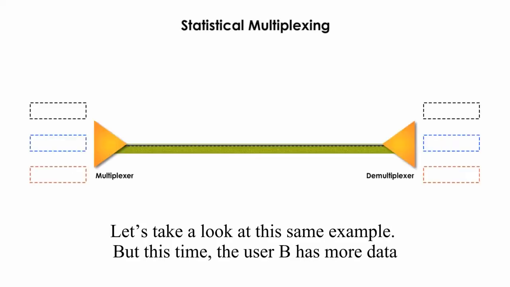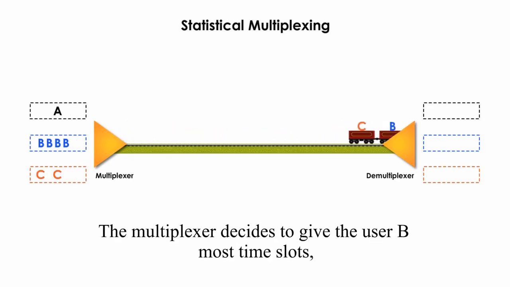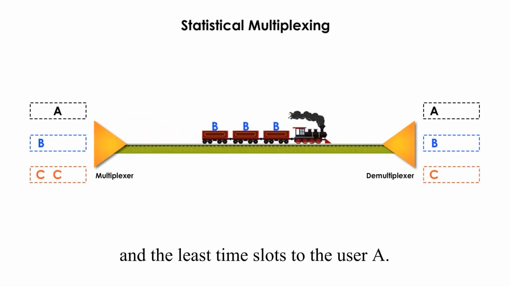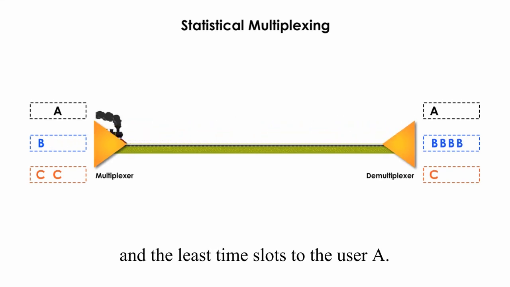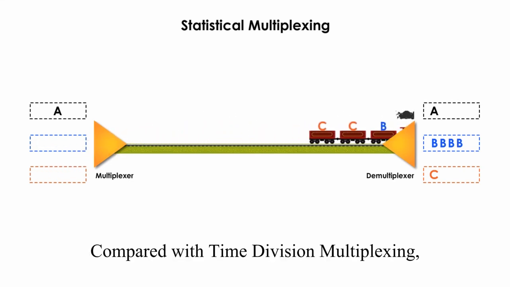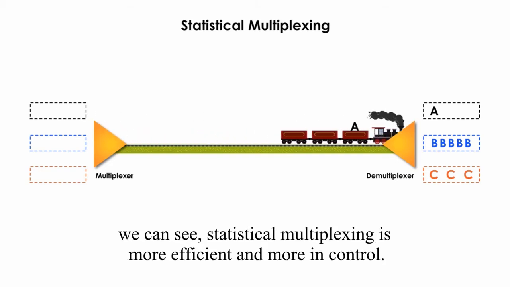Let's take a look at the same example, but this time the user B has more data to send or has higher priority than both user A and user C. The multiplexer decides to give user B most time slots and the least time slots to the user A. Compared with the time division multiplexing, we can say statistical multiplexing is more efficient and more in control.